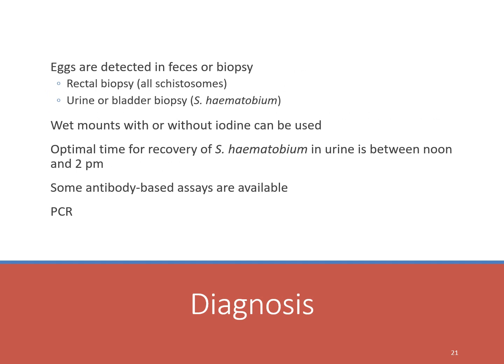Eggs are detected in the feces or through biopsy, so this could be like a rectal biopsy. It can be found in the urine or the blood. So you could look at these with wet mount, with or without any sort of iodine stain. And trying to recover the Schistosoma haematobium, that's going to be recovered in the urine, usually like midday is the optimal recovery time.